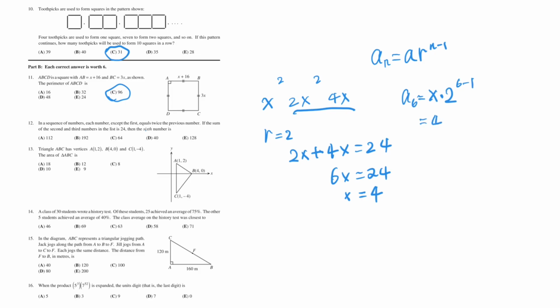That equals 4 times 2 to the power 5. 2 to the power 5 is 32. So the answer is 128. That's choice E.